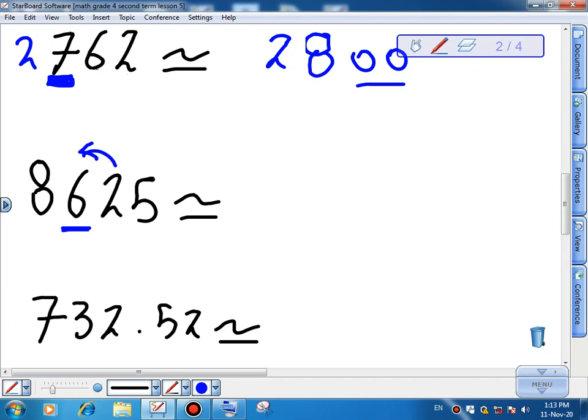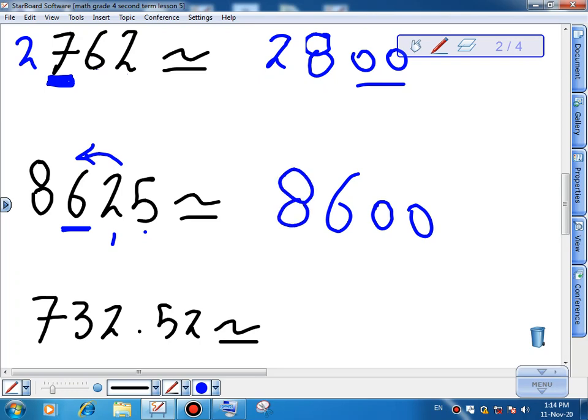Okay? So if I hear a weak number, it will be replaced by 0. And 6, the hundreds place, will be 6. We will never change the number 6. The tens will be 0. The units will be 0. And the other digit, the thousands digit, will be 8 as it is.